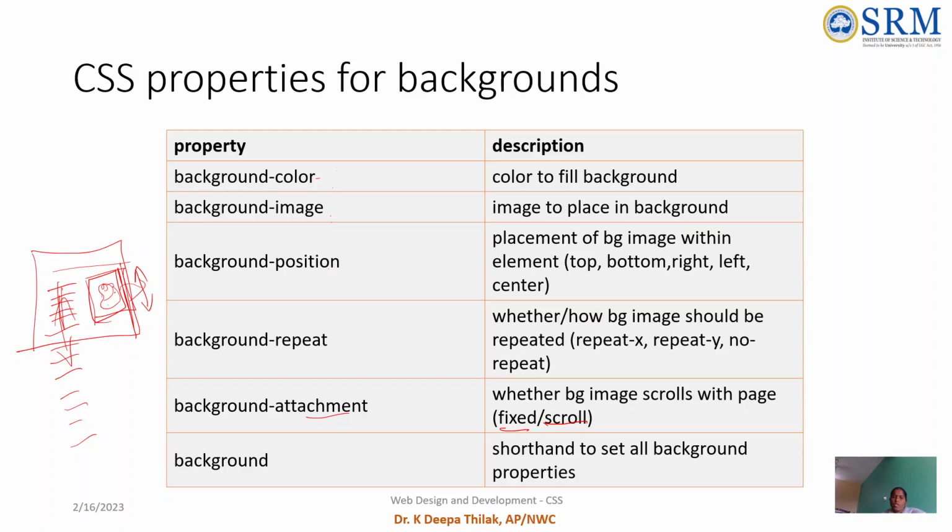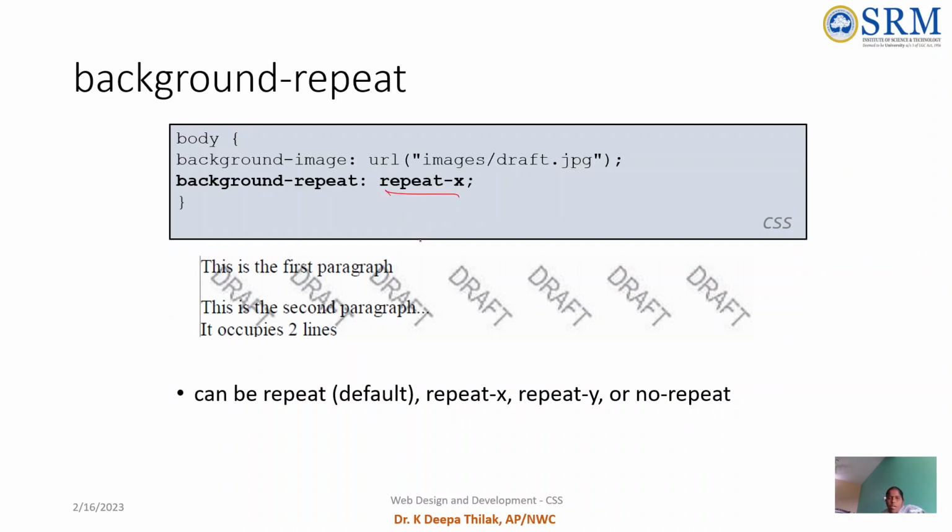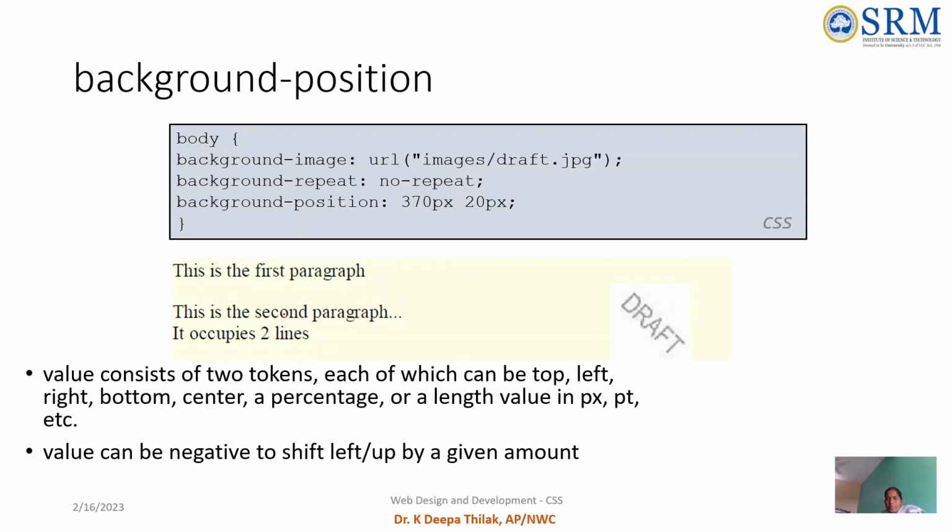Since background has many sub-properties, we can set it in a single shorthand property also. This is the example where I set my image with the URL function. Then this is a repeat mode. I am repeating on the X axis. Suppose I put repeat-y, the image will be repeated on the Y axis.